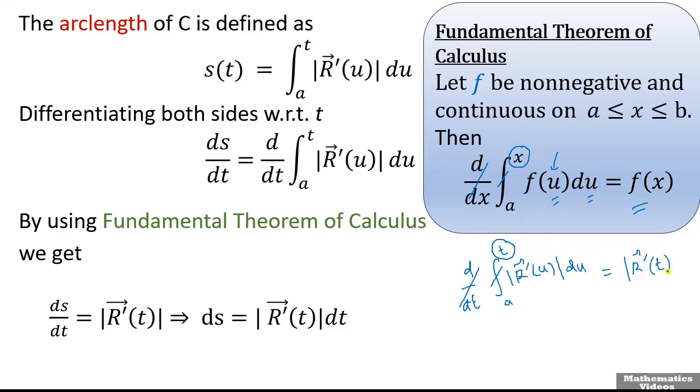So this is equal to the magnitude of r prime of t, and this is what I have used at this point. So hopefully this is now clear to you.